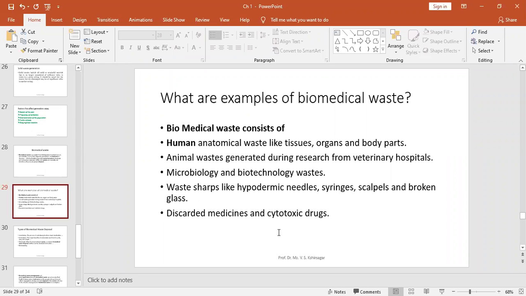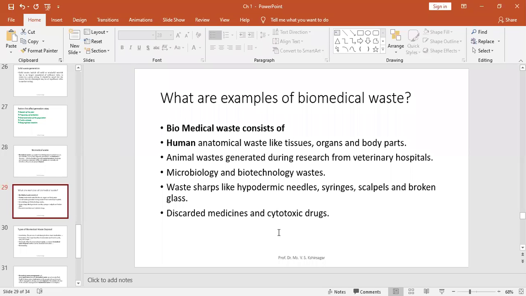If discarded medicines and cytotoxic drugs are there, we may not come into contact with these, but if waste material is generated like needles, syringes, scalpels, broken glass, or the bandages used to control injuries, such waste is septic waste, and we need to provide the proper treatment process to dispose of it, otherwise it will create health problems for society.